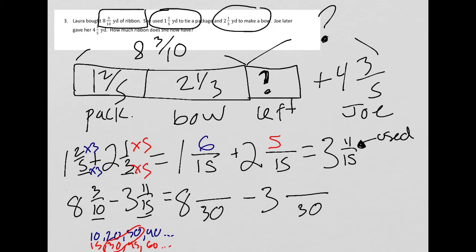So that means 30 can be an equivalent fraction because I can do 10 times 3 is 30, so 3 times 3 is 9. And I can do 15 times 2 is 30, and 11 times 2 is 22. So then, when I'm subtracting here, I cannot do 9 minus 22.